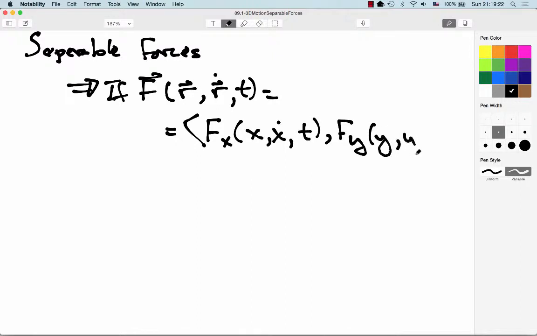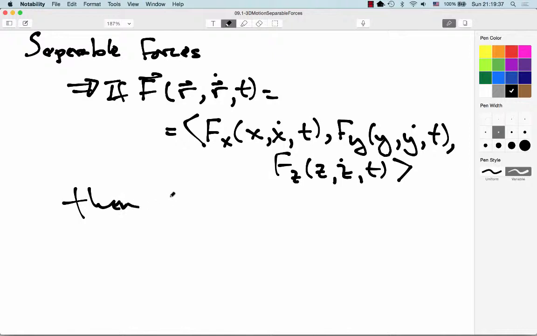Make sure that it's of y and y dot and t only. And then finally fz is a function of z, z dot, and t only. If we can write it that way, then f is separable. And if it's separable, it's much easier to solve.